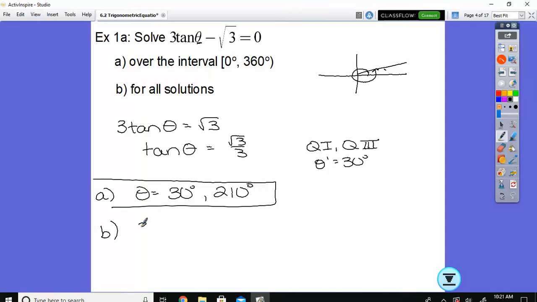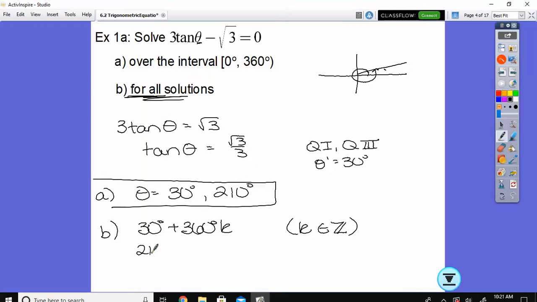So for all possible solutions, you take your answer plus 360 degrees k. K is an integer. Remember that double bar Z. That just means it's an integer. It's like 1, 2, 3, -1, -2, -3. It's just saying every time I come around the circle, I would hit that. You have to include that plus 360k when I say all solutions, when I don't give you a stopping point.